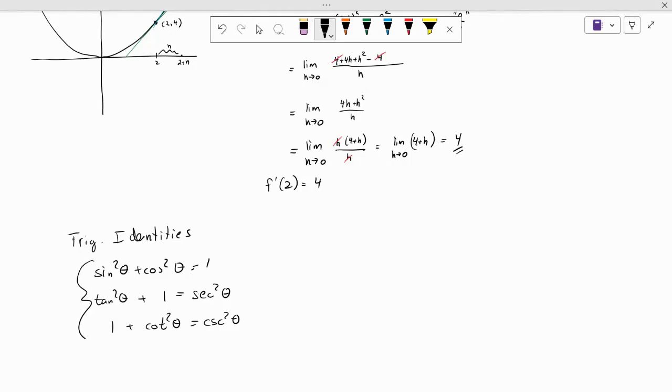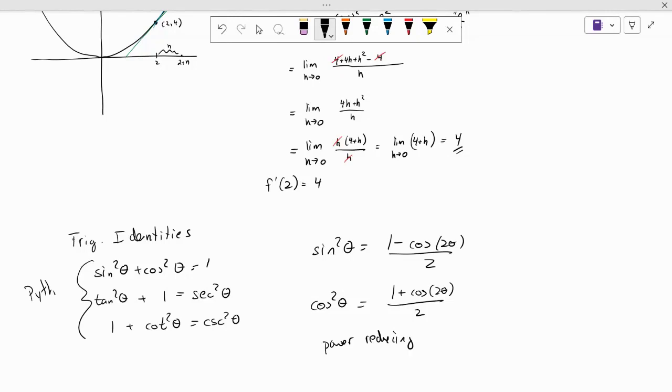So these are the Pythagorean trig identities. There's power reducing identities that you'll need to know. Cosine squared has a similar one, just the conjugate. The one for sine squared. So those are power reducing.